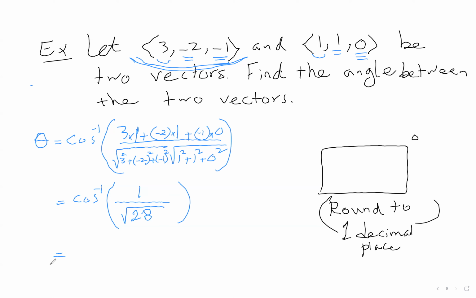And if you calculate this and round it to 1 decimal place, you should get 79.1 degrees. Again, make sure that your calculator is set on the degree mode.